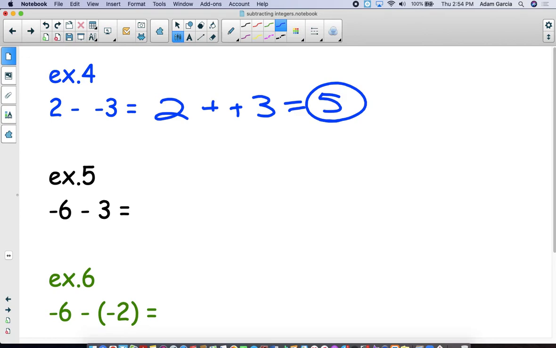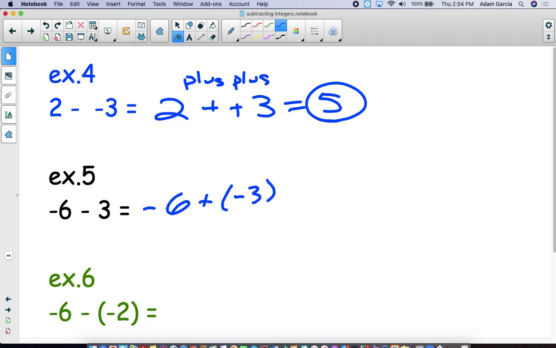The next one is not going to be minus minus becomes plus plus. The next one's going to equal, anybody think they got this one? All right, Jalen, what'd you get? Well, I'm going to rewrite it for you. I'm going to tell you if you still think it's negative 3. Negative 6, what if I added the opposite?